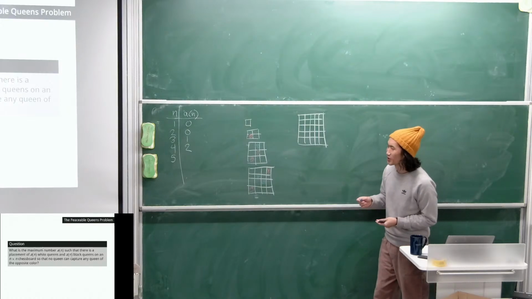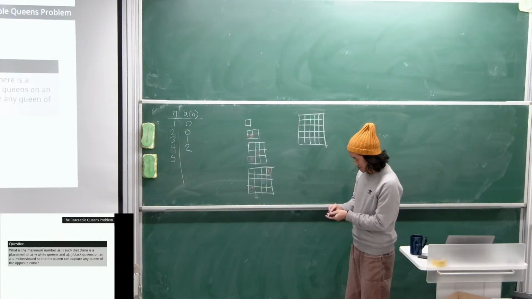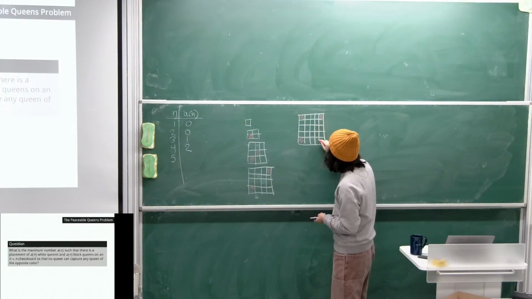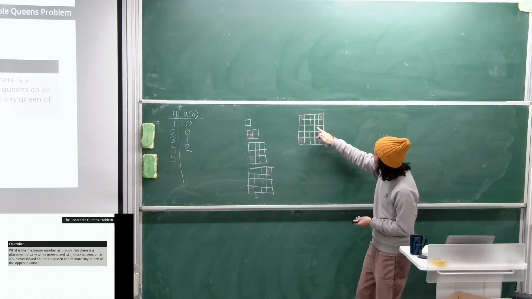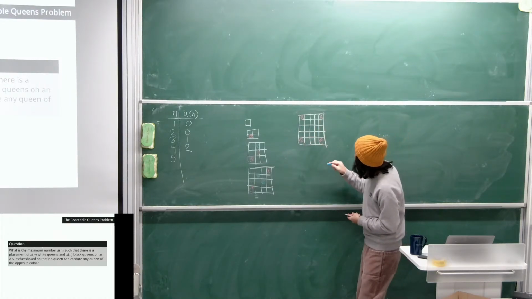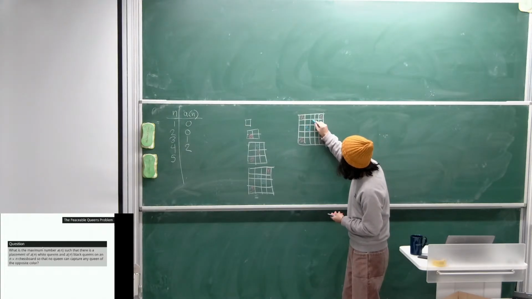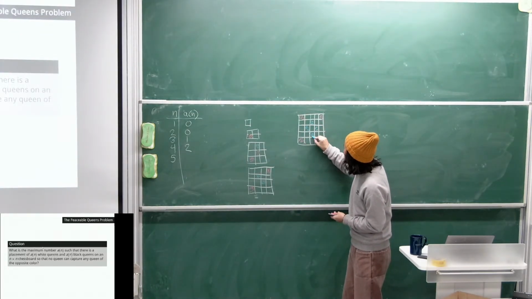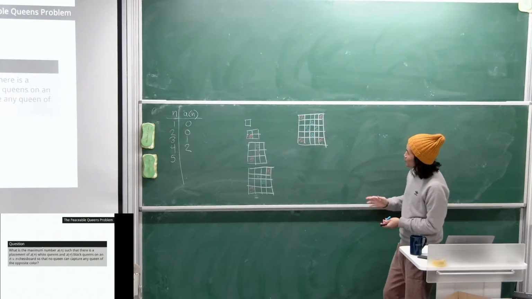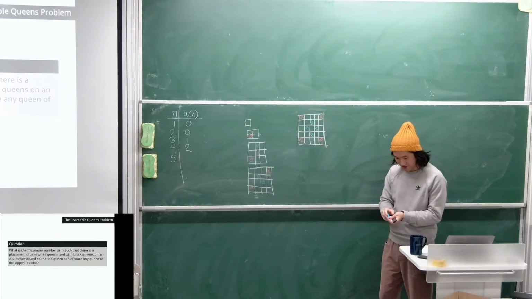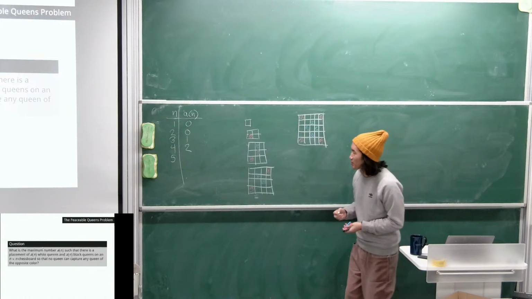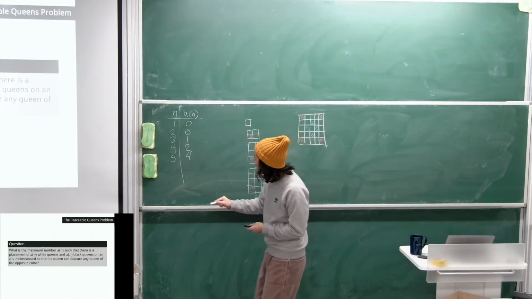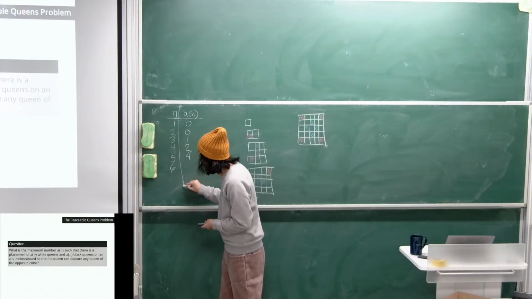Okay, how would you do it? Put the reds in the outside corners. Yes, if you put the reds in the corners, then you're lucky because the unattacked squares are precisely these ones here. These are no longer queen symbols, but bear with me. So this is a solution for 4, and it turns out you can't do any better. I'm going to keep on going, as I have a reason to do this.